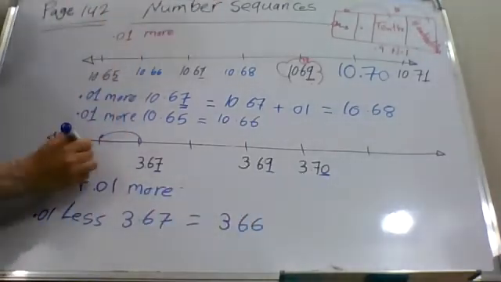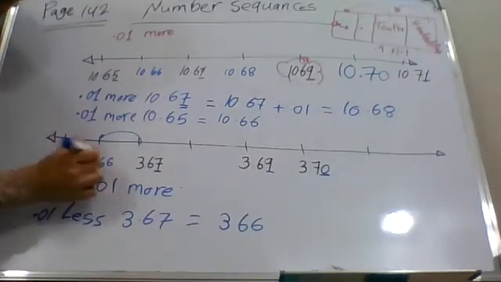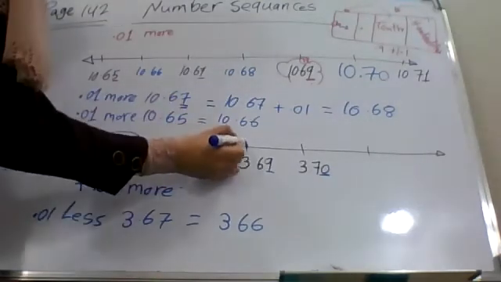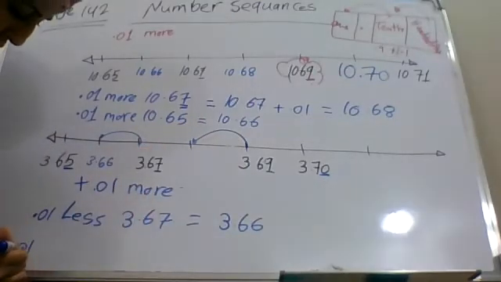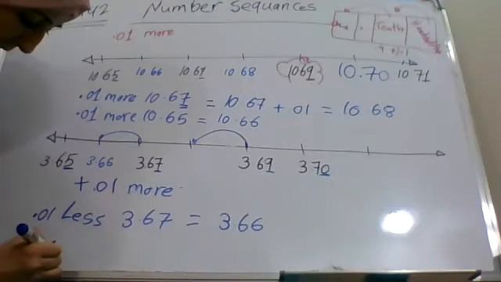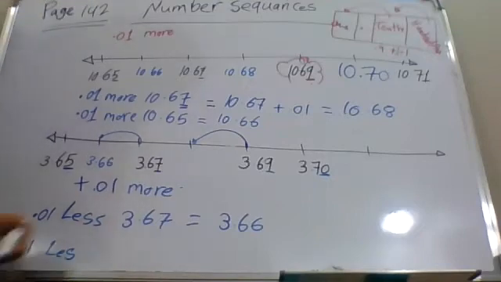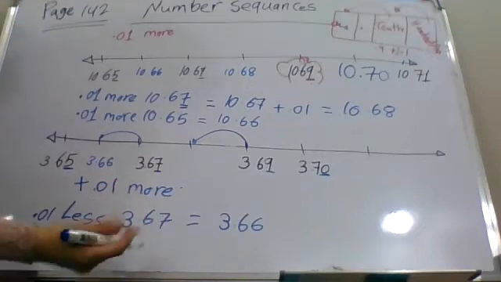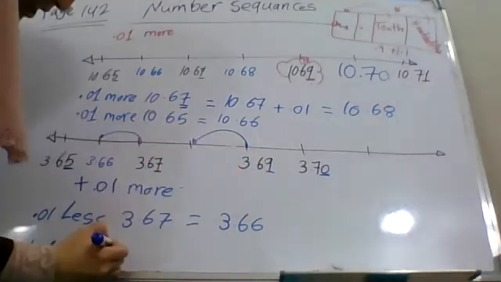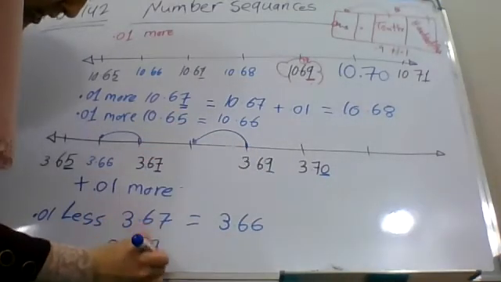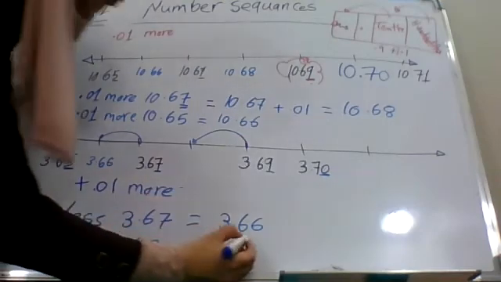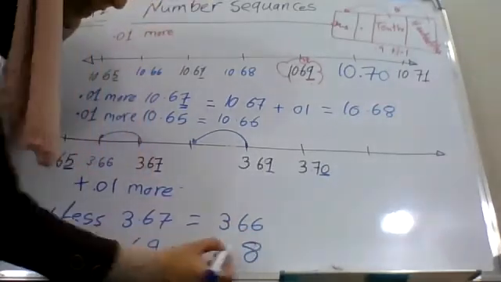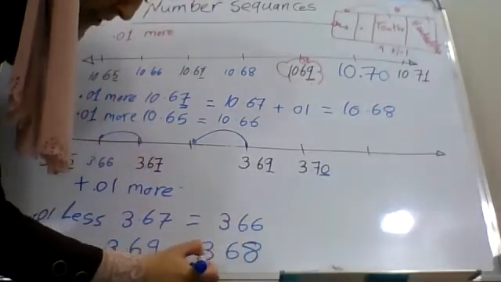Bravo. So I have to write here 3.66. How about this number? I need 0.01 less. Again, I'm talking about less, taking away from the 100th place. It's 3.69, which is taking away from the 100th place. I'm taking away 1 from the 9 hundredths, so it's going to be 8, right? And the 6 is the same, and the 3 is the same, no change.